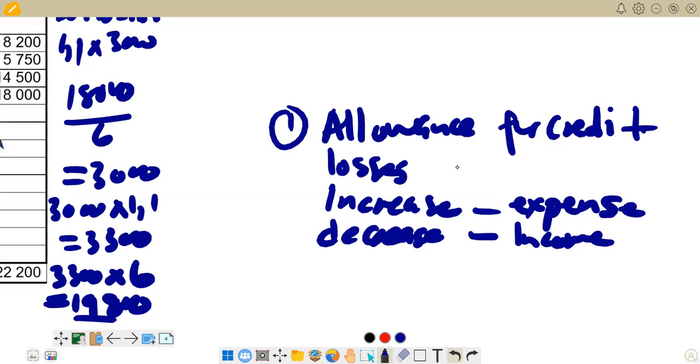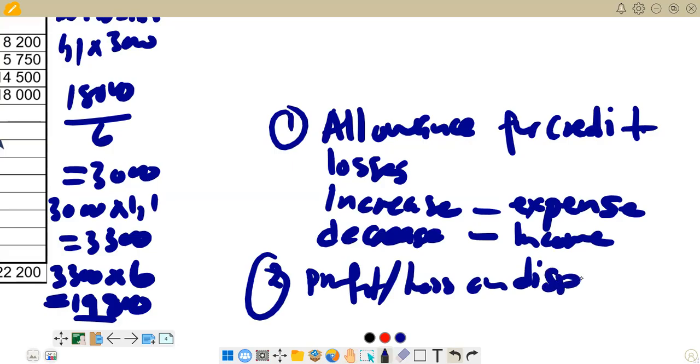So we check the balance given for the previous year in the list of balances, compare it with the one we calculate for this year, and notice if there's an increase or a decrease. Then also you have to check for a profit or a loss on disposal.